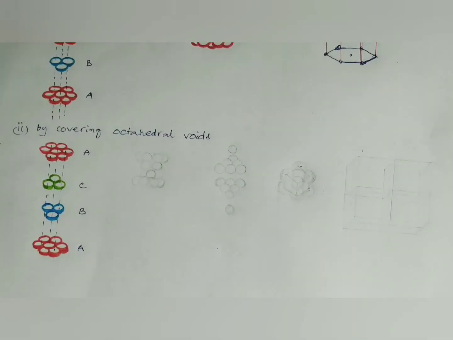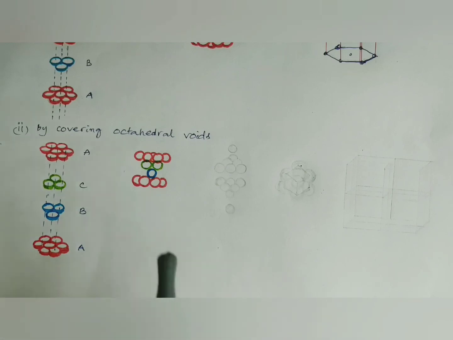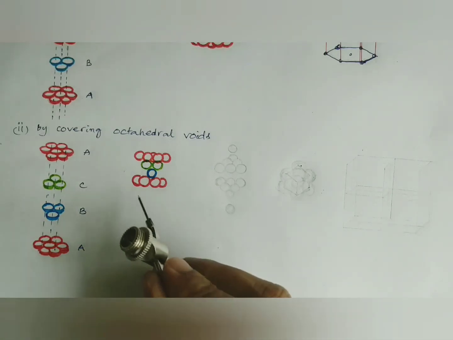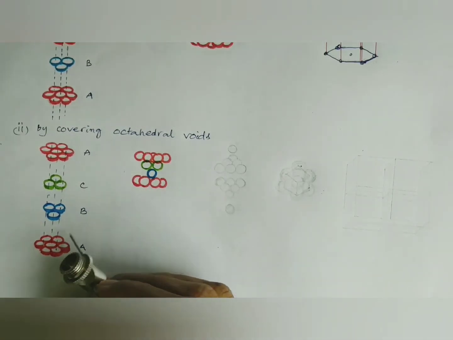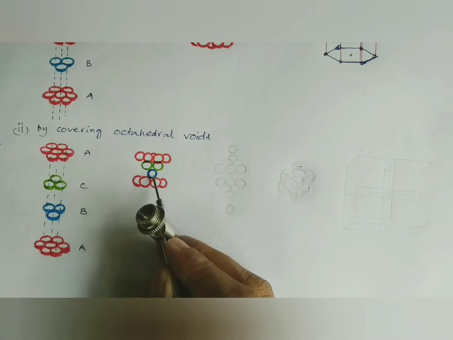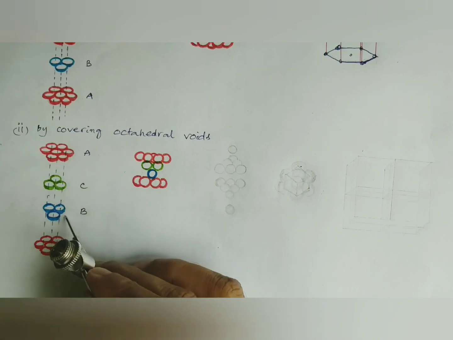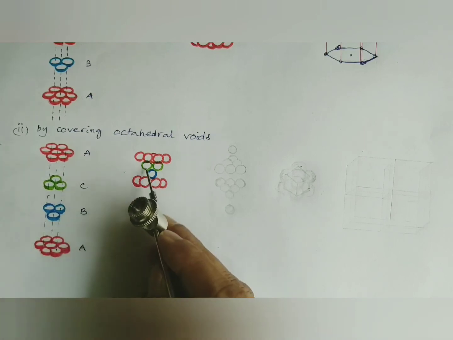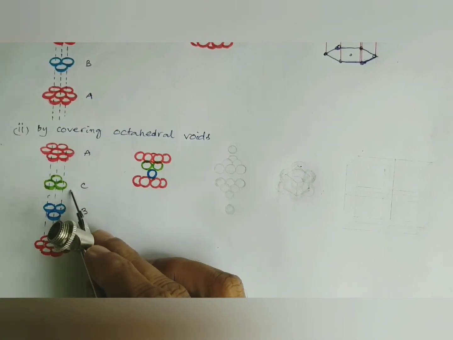So this can be viewed in a different way, like this. So it looks like this. So this is the first layer of atoms corresponding to this, and this is the second layer of atoms corresponding to this, and this is third layer of atoms.